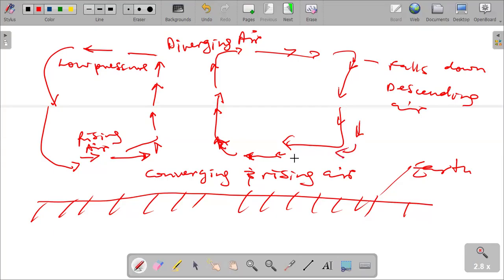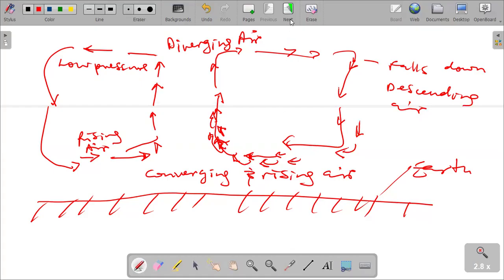So it will continuously feed and support the system, sustaining the life of the mid-latitude cyclone. So please understand that there is divergence in the upper atmosphere and convergence on the earth's surface. That is one thing that I want you to take note of in terms of the basic characteristics of a mid-latitude cyclone.